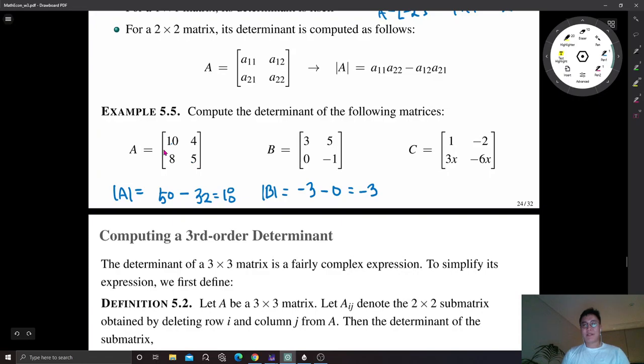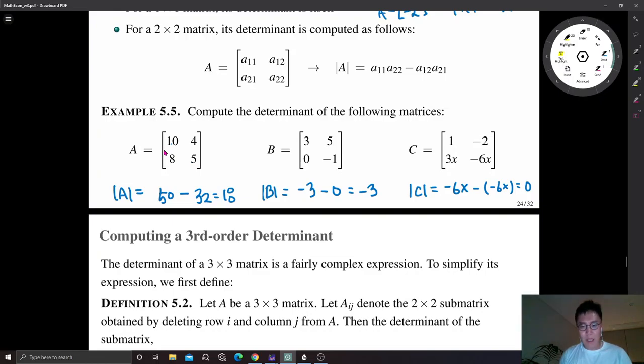And for matrix C, C has another variable x, but it does not matter. We can apply the same formula. So matrix C's determinant is negative 6x minus negative 6x, so it has a 0 value.